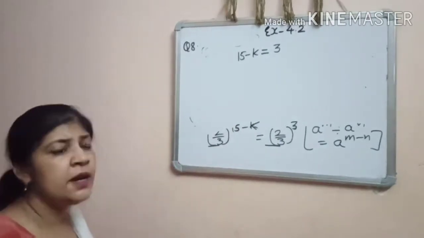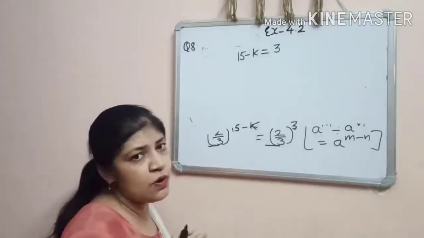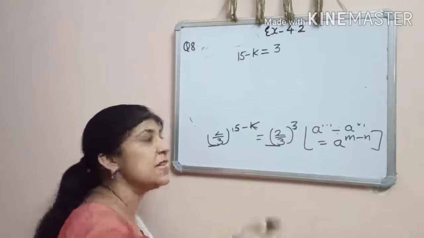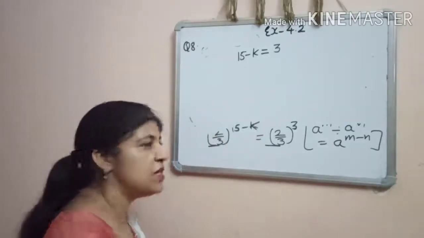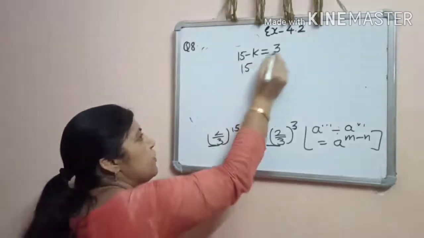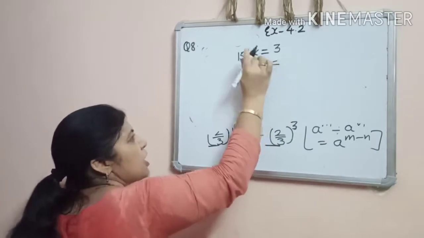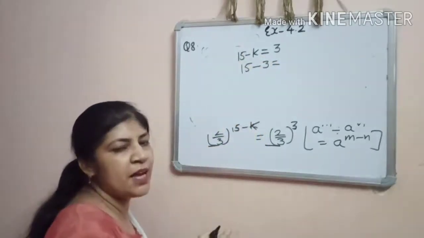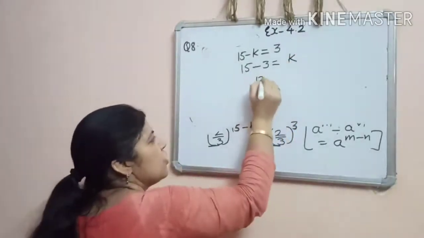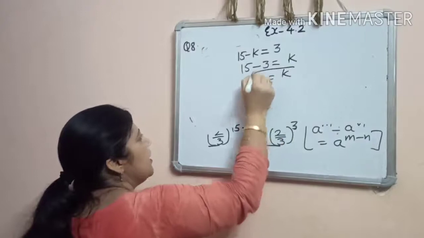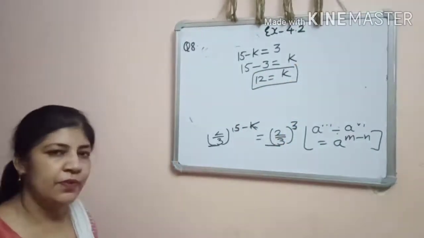You can solve it and find the value of k. Now for finding the value of k, you have to place constant term at one side and variable at one side. So we can shift 3 here towards left hand side. 15 minus 3. Here it is minus k. When you shift minus k towards right hand side, it will be plus k. So the value of k will be 12. So k is 12. Clear?